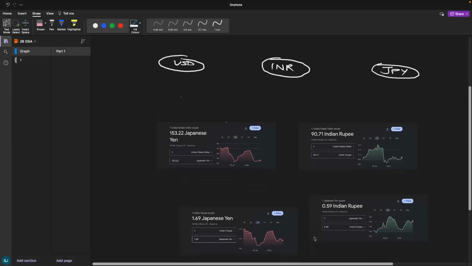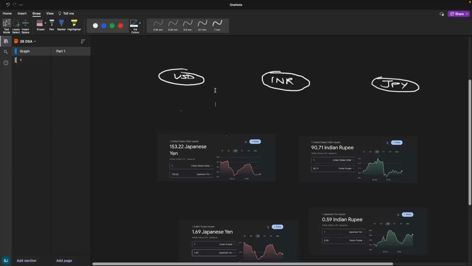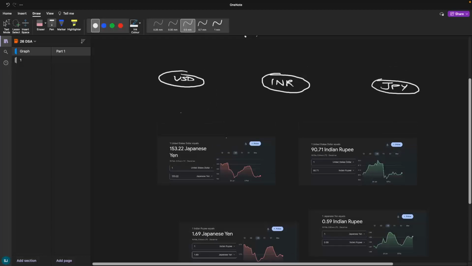So now I have taken a bunch of screenshots. Let's map the relation of these, right? If you look at it, let's start with this. 1 United States dollar is equal to 90.71 Indian rupees. So when you do this, you get 90.71 rupees, right?